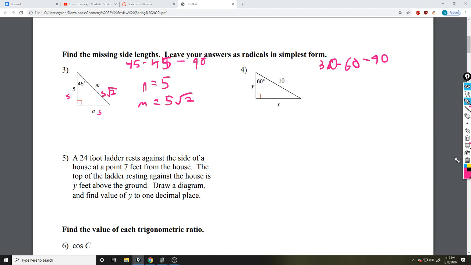And then our pattern for 30, 60, 90 is that we have our short leg, and then we have our hypotenuse, which is double the short leg. So this is my double side, was the way I put it sometimes. And then we have our short leg times the square root of 3.